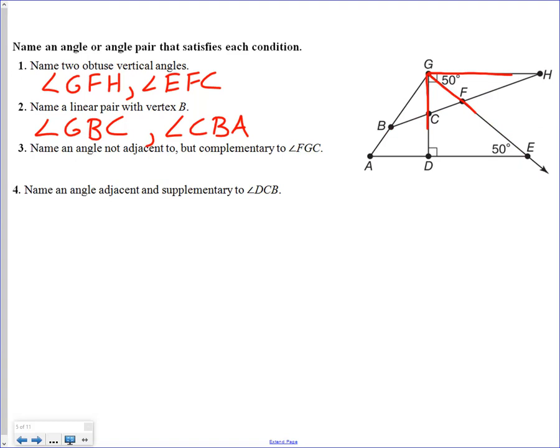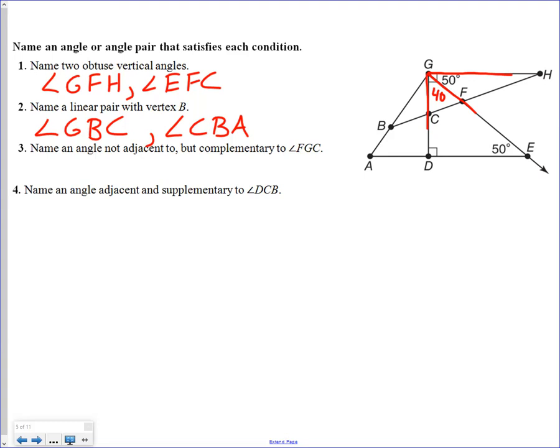This angle is 50, so this angle has to be 40. So a complementary angle is 50. So we're looking for a different 50-degree angle, right? Because it can't be adjacent.